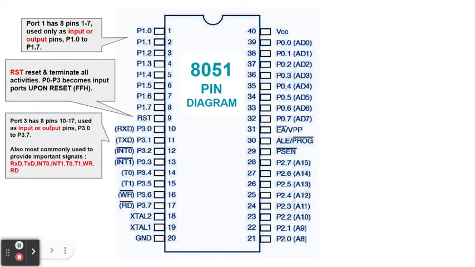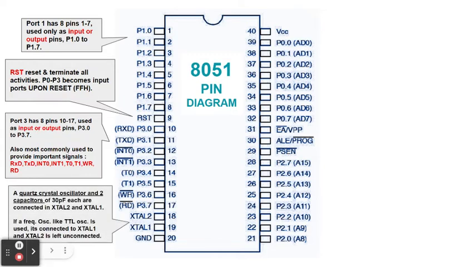Now port 3 has 8 pins from 10 to 17, and these are used as input or output pins, P3.0 to P3.7. Also most commonly used to provide the important signals that I have mentioned before from RxD to RD. So P3 has an input function, an output function, and a third function, special functions here.